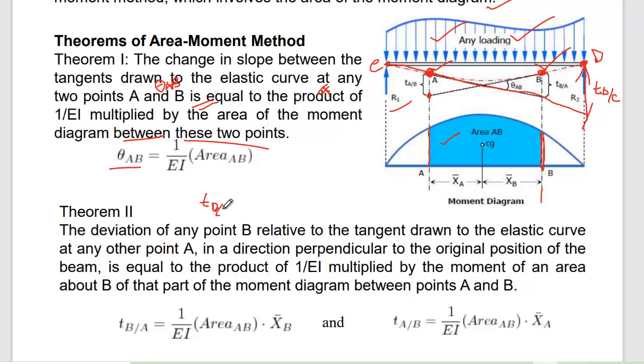T D by C. Okay, so it should be 1 by EI, right? And then area. So area of DC, area of CD or DC, whatever it is, right? And X bar D. Okay, so that time we'll consider the whole area.